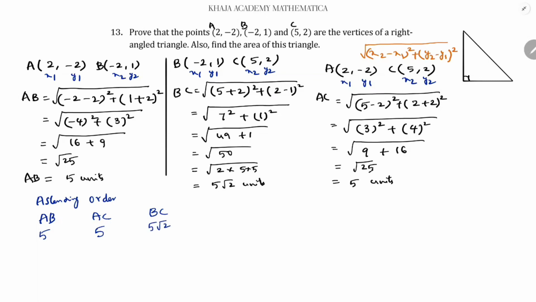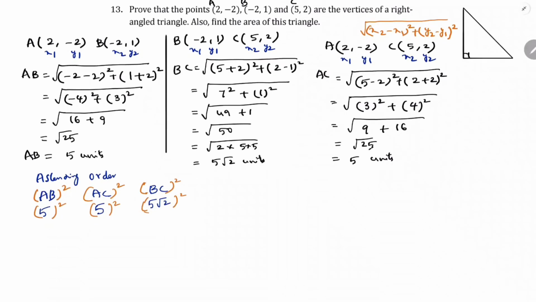After arranging in ascending order, square all of them. So you'll get 5 square is 25, 25, and this is 25 into 2, which is 50.